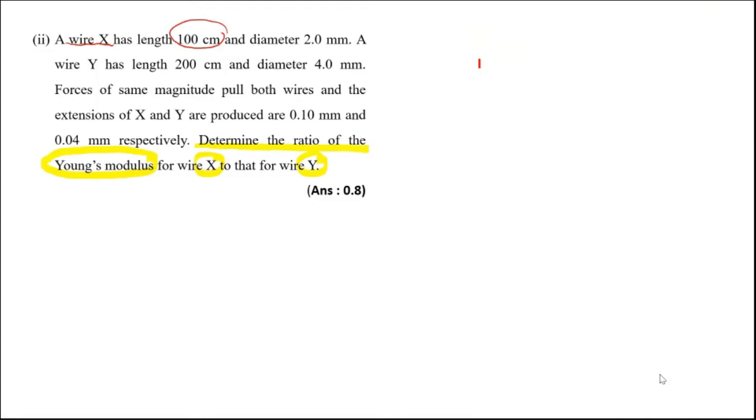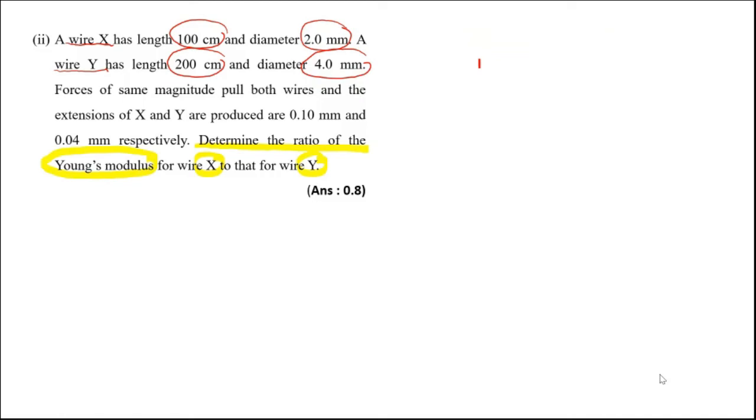The diameter of wire X is 2.0 millimeter. And then for wire Y, having length of 200 centimeter, and then the diameter is 4 millimeter.